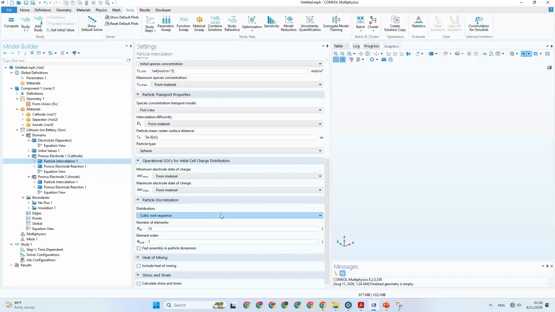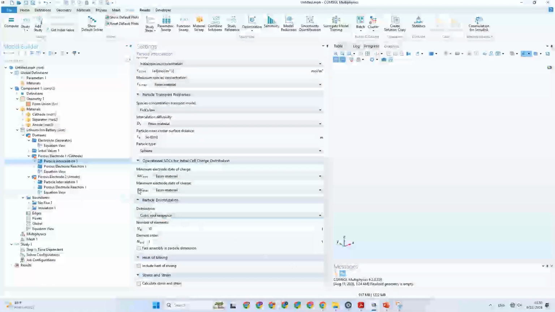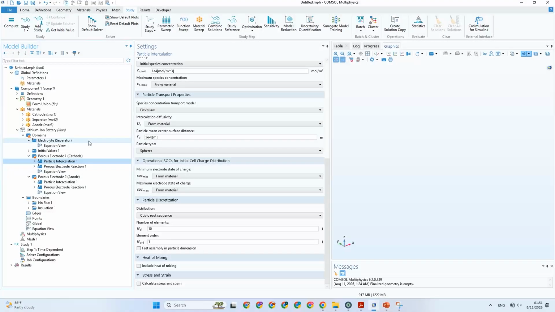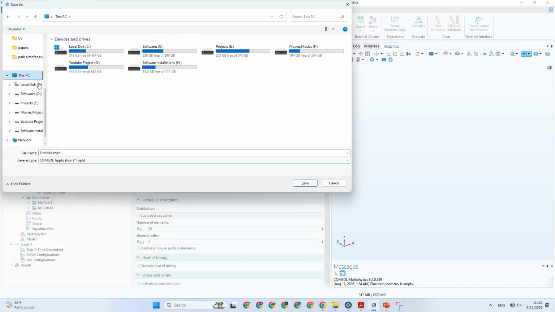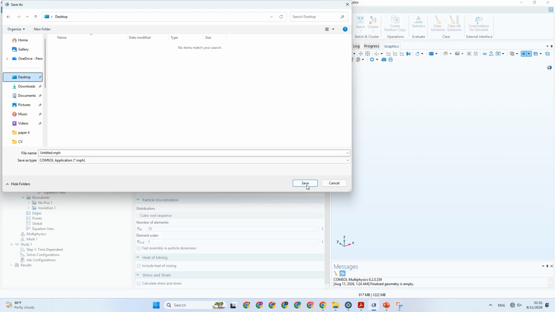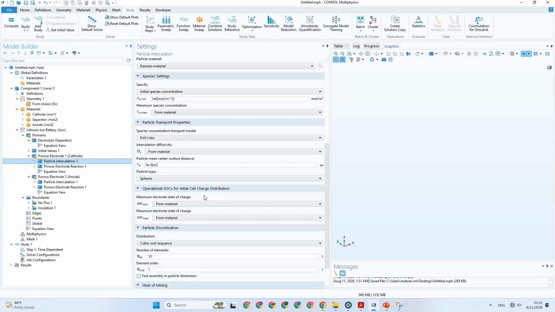Reaction rate. What is material reaction rate for just cathode and anode, not separator? Reaction rate coefficient. And I can save it. Let me save it. This PC, desktop, save. Okay. Reaction rate.